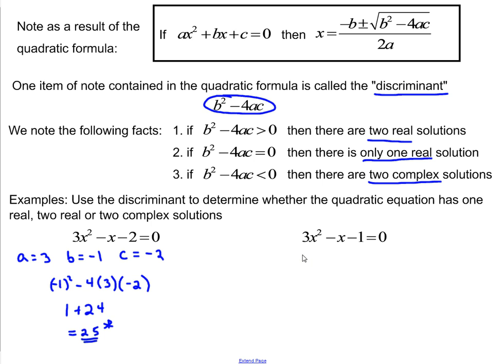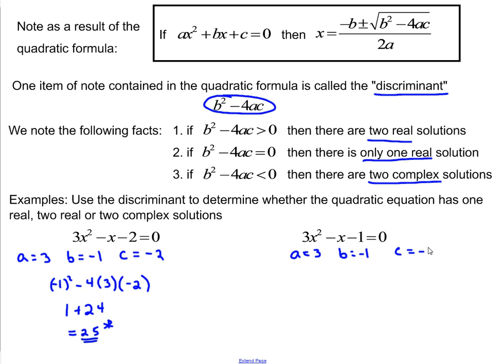If we put in these numbers, a equals 3, b equals negative 1, and c equals negative 1. Let's see if I can do this properly.